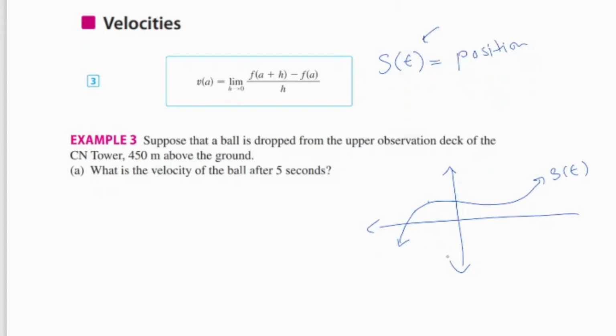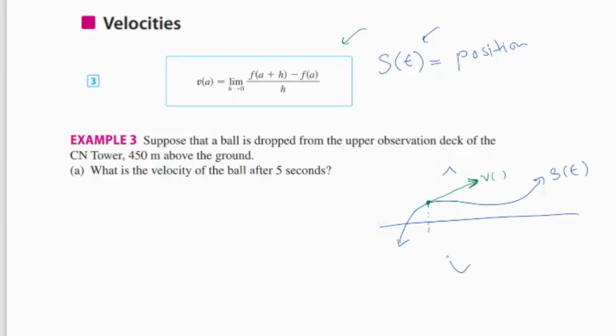The velocity at any point t is the slope of the tangent line at that point. We took two formulas for the slope of the tangent line, and one of them was this one. So the slope of that tangent line is the velocity v of t at this point.